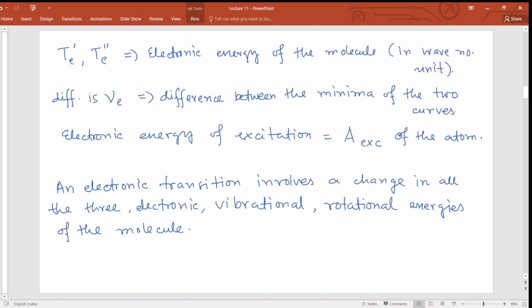Okay, so the difference is nu e, which is the minima of the two curves. We have electronic energy of excitation, which is characterized by this quantity AEXC. Okay.